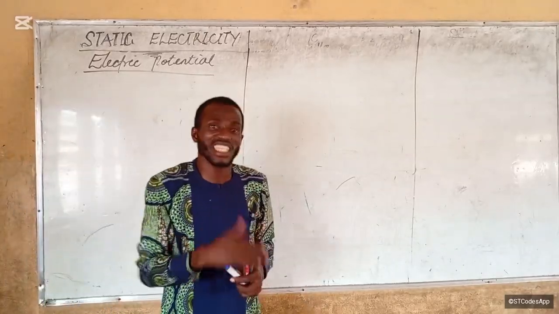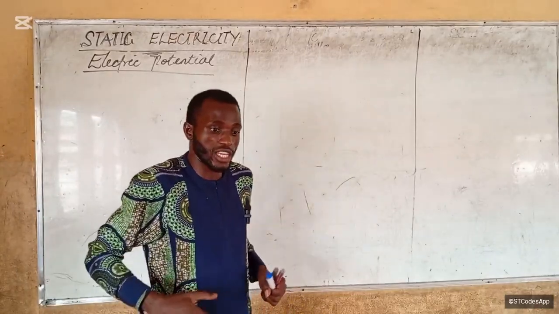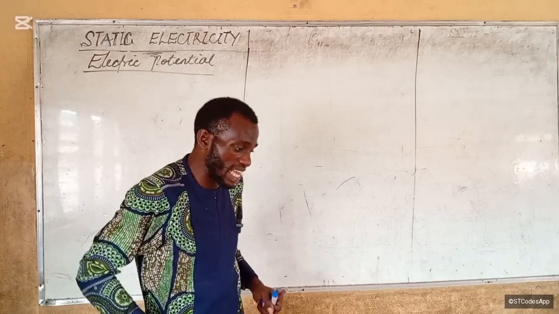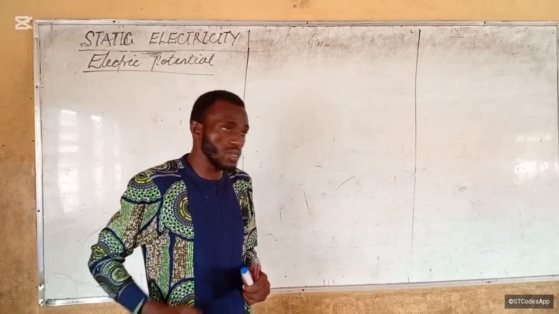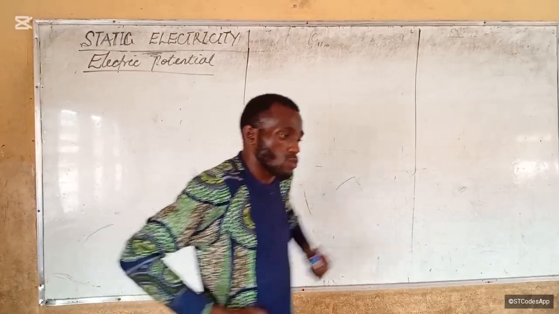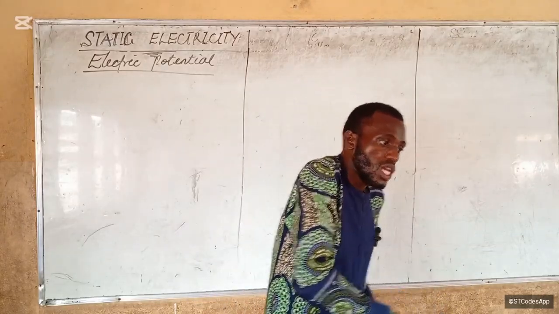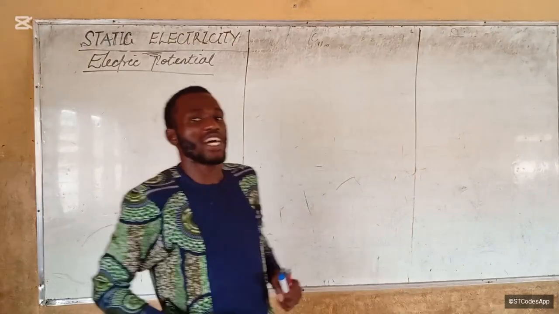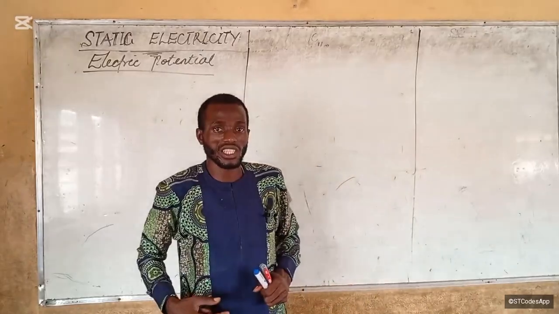Electric potential energy is the work done itself in moving that charge. So the work done in moving that charge from any point, that's why we use infinity, from any point or infinity to a particular point, that's the electric potential at that point. Work done per unit of charge, that's the electric potential.